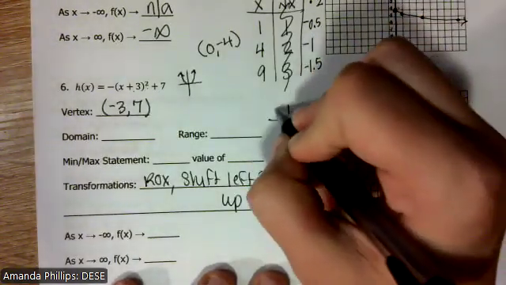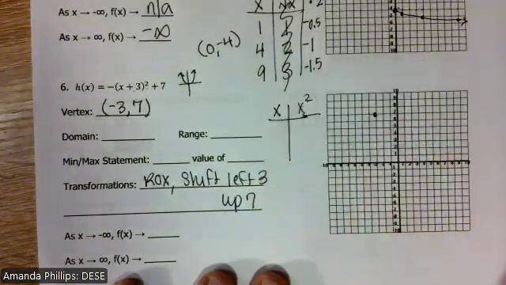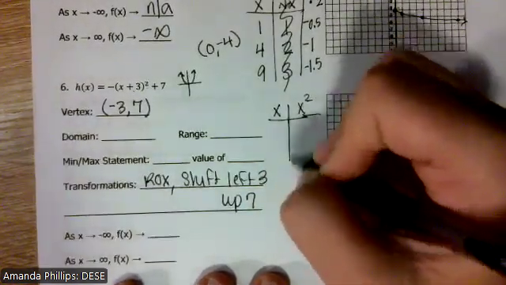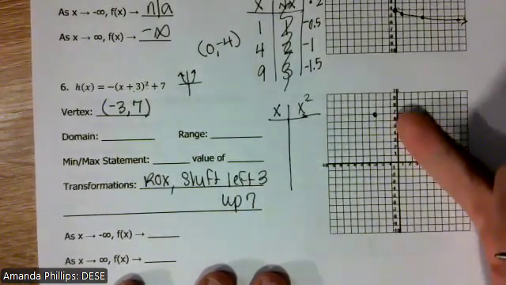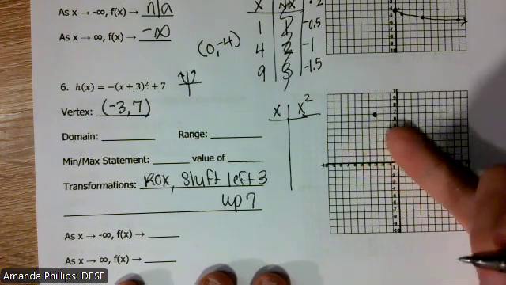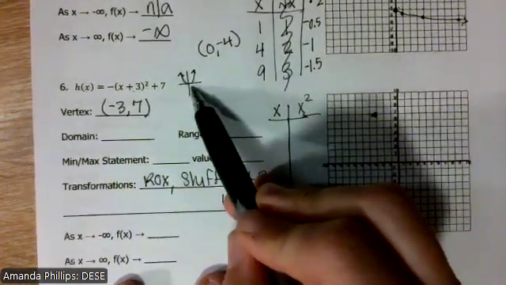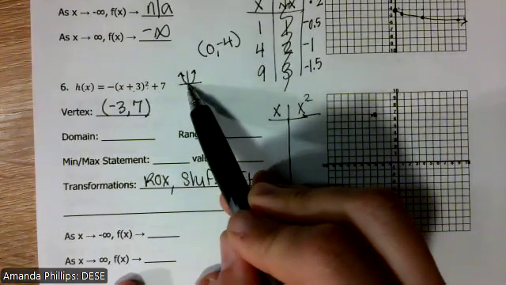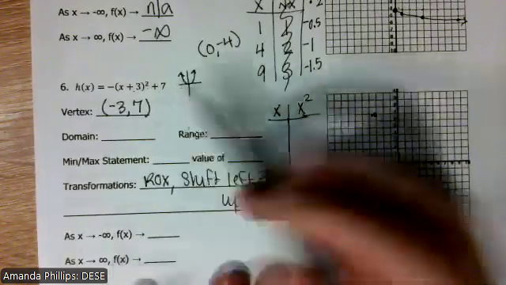Now remember, when we do our x's, we're going to find things that we can easily square, which honestly is easy because you can square any number, right? Now, what I think about is that it's symmetrical, right? So if I go to the right one, I also know the same thing is going to happen when I go to the left one, okay?